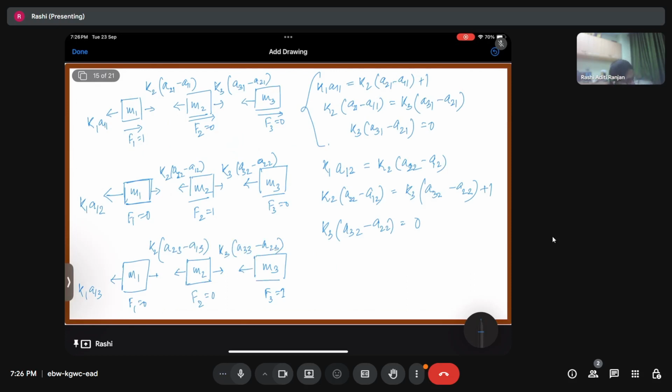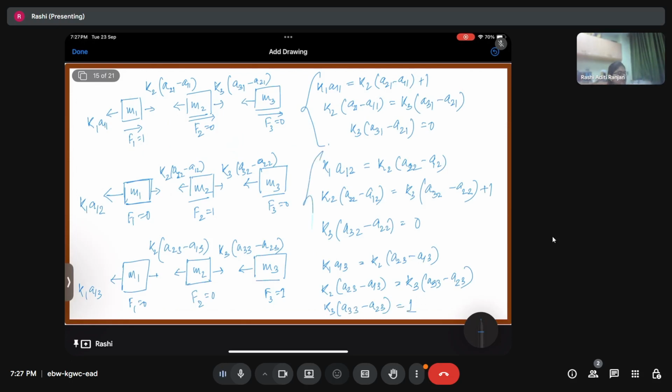This will give us K1 A13 equals K2 A23 minus A13, K2 A23 minus A13 is equal to K3 A33 minus A23, and K3 A33 minus A23 is equal to 1. So these are the equations.